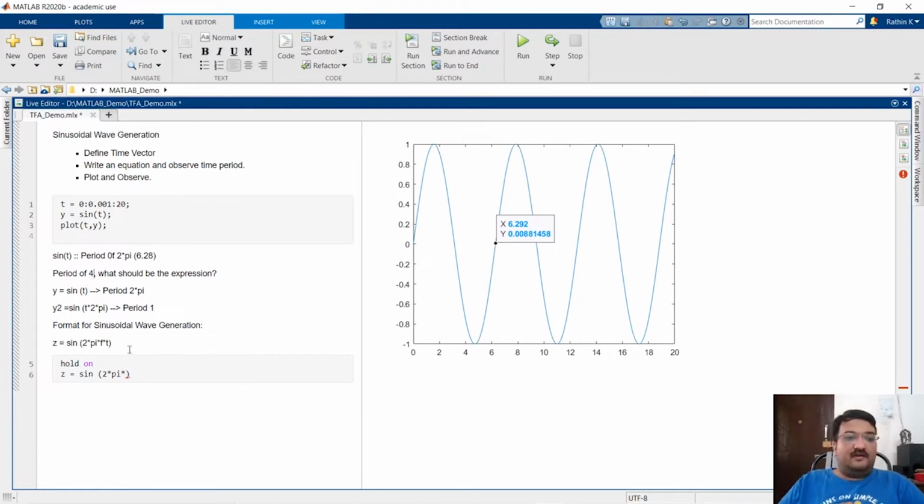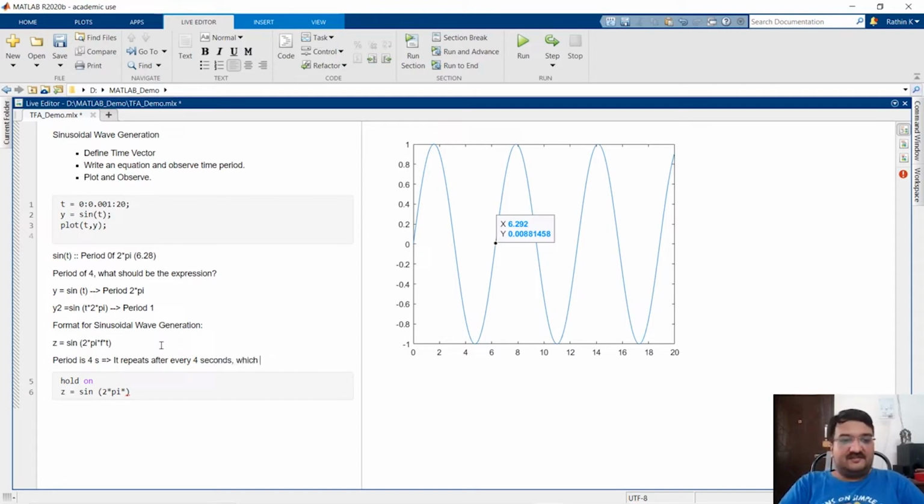Period of 4 means in 20 seconds it will get repeated 5 times. So the period is 4 seconds, which implies that it repeats after every 4 seconds.